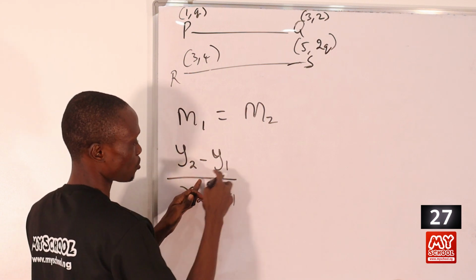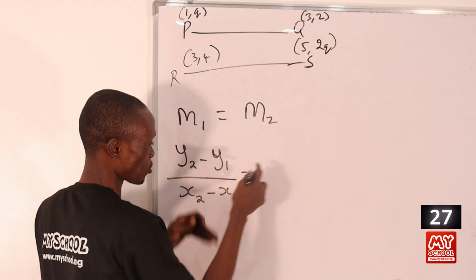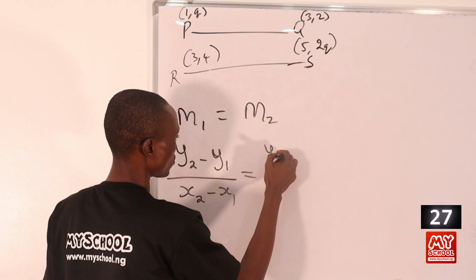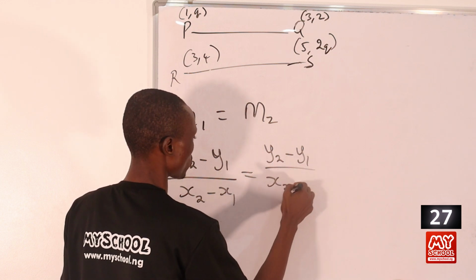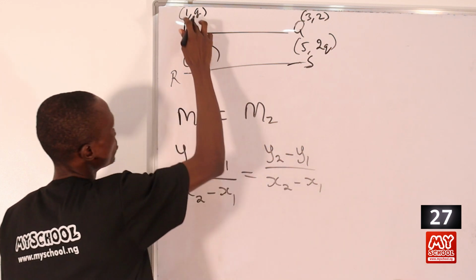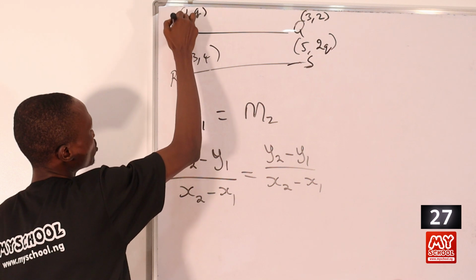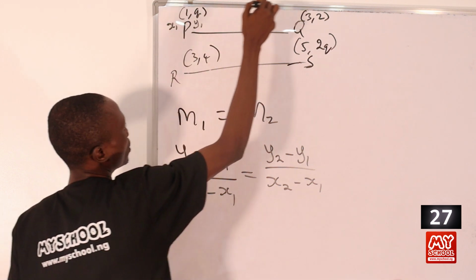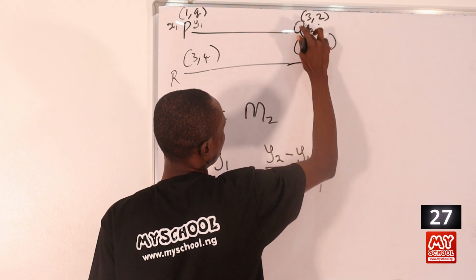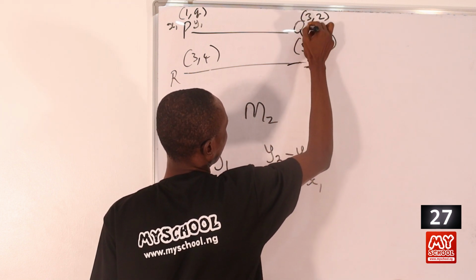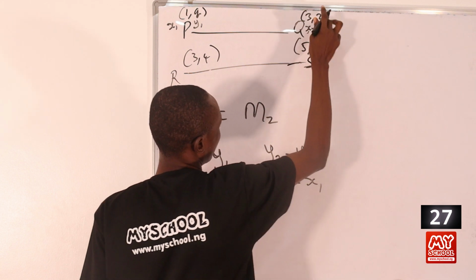This is for the first line, the gradient of the first line. Then we do the same thing for the gradient of the second line. So here, this is our x1, this is our y1, this is our y2, and this is our x2 for the first line.